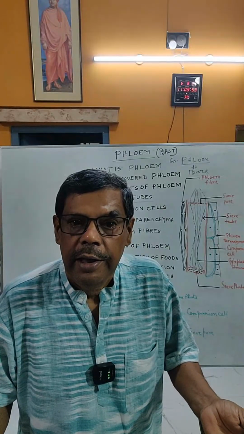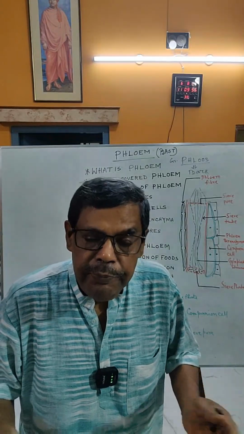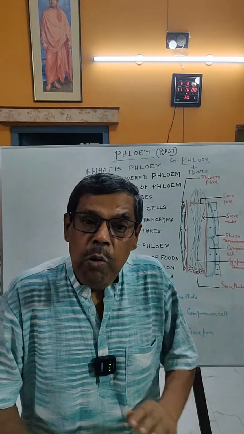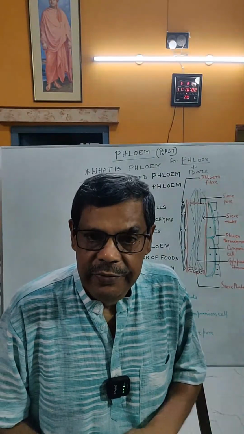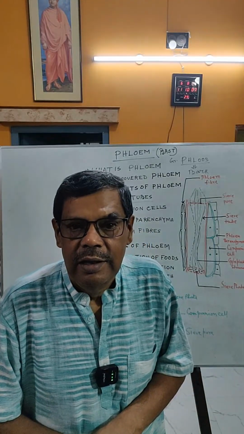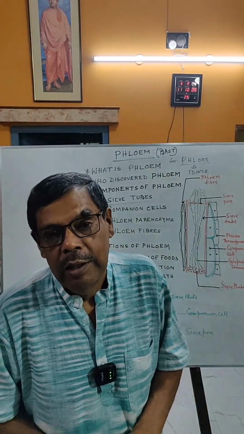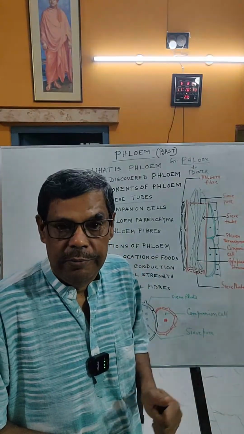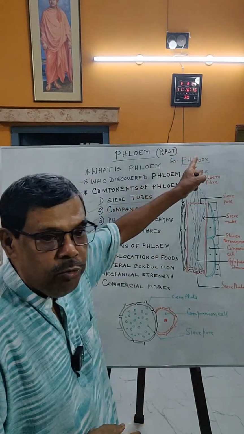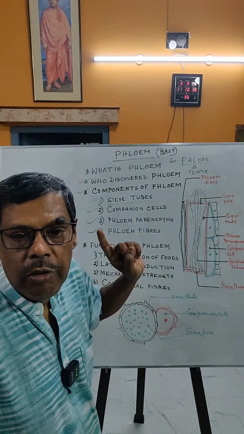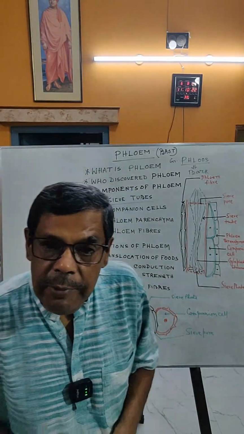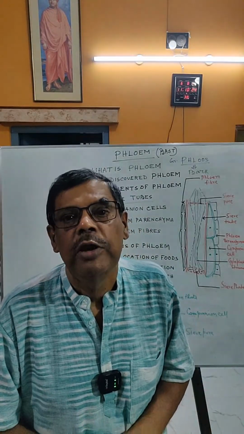These sieve cells at maturity are devoid of nucleus, but they are living cells. These sieve cells are joined end to end to form sieve tubes. At maturity, sieve tube cells are living but devoid of nucleus.